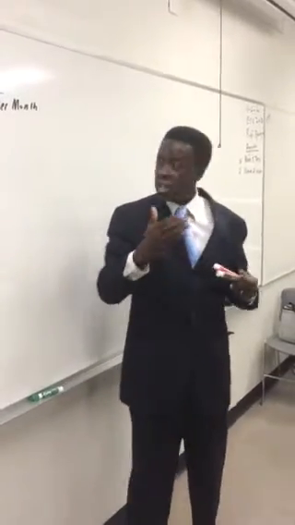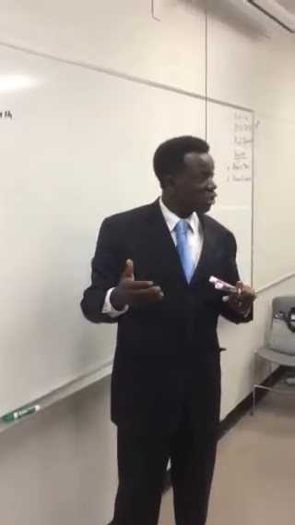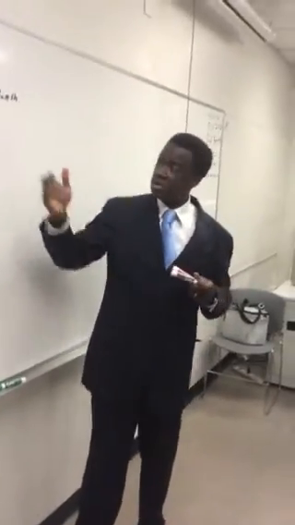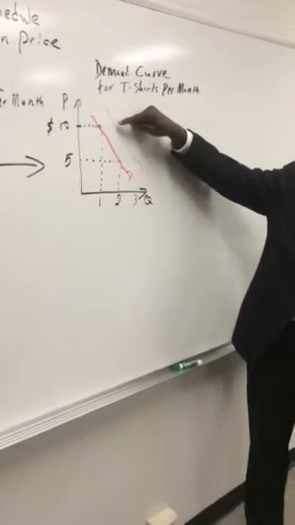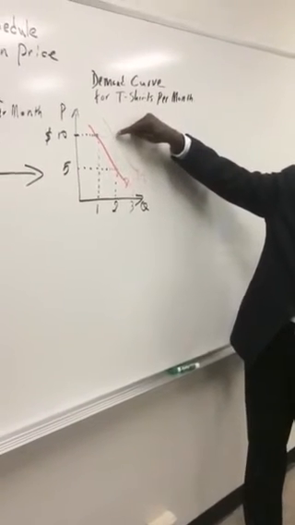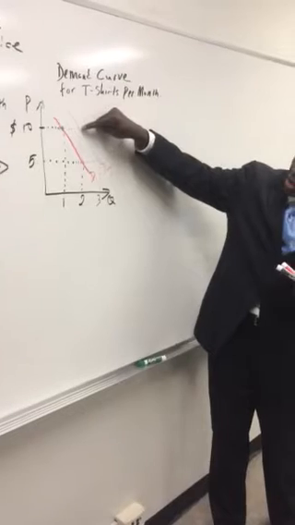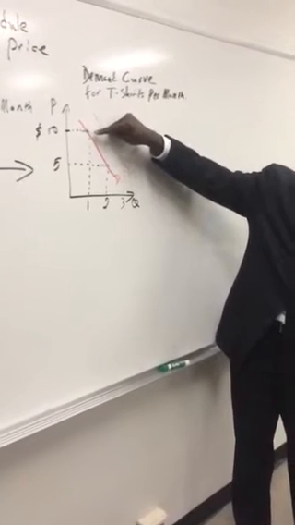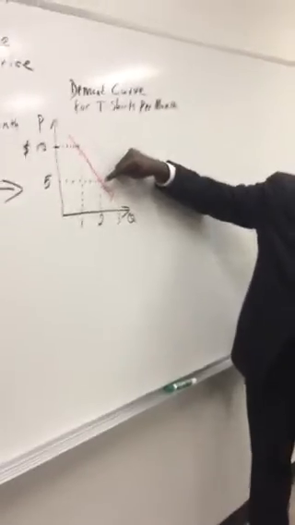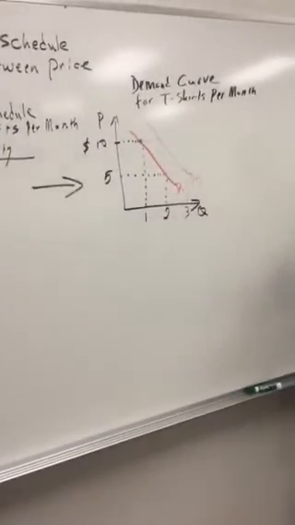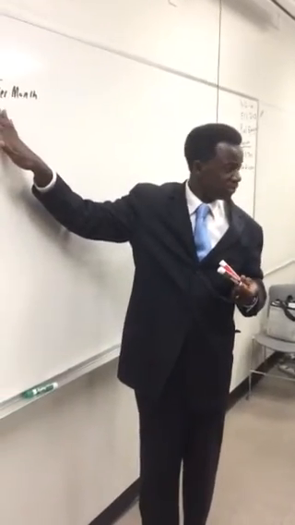If income decreases, the demand for this t-shirt will shift to the left. Instead of buying two at $10, now we buy one, and instead of buying three at $5, we buy two. This is if the t-shirt is a superior or normal good.